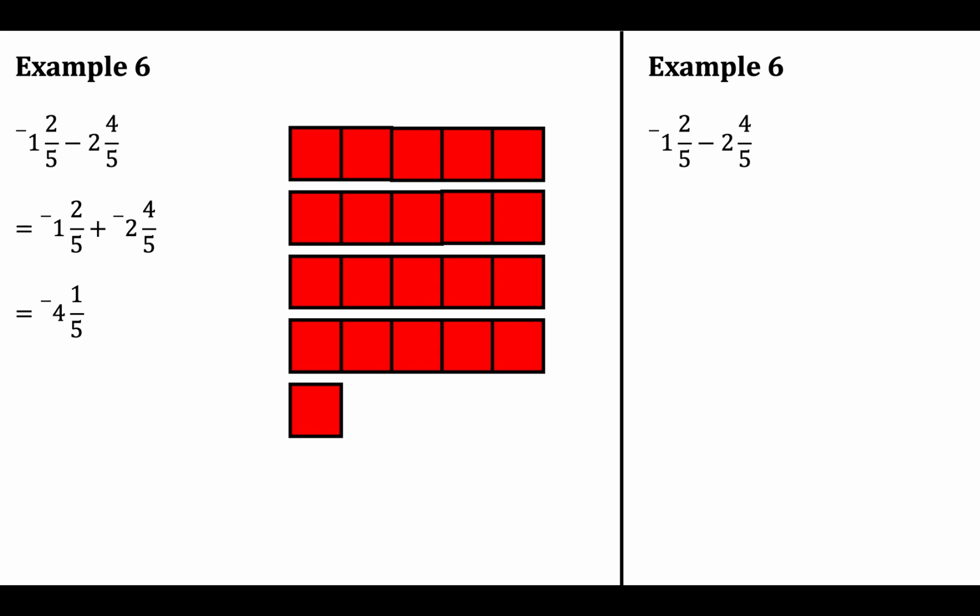Similarly, with this example, we're going to look at it using improper fractions as well. So negative 1 2/5 minus 2 4/5 expressed as improper fractions is negative 7/5 minus 14/5. Subtracting that gives us negative 21/5 or negative 4 1/5.